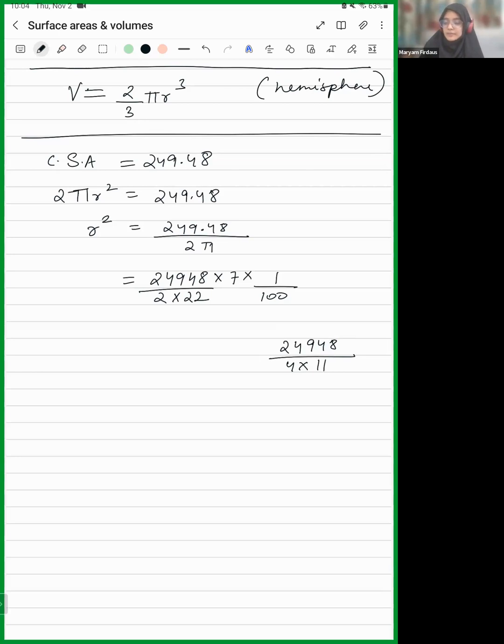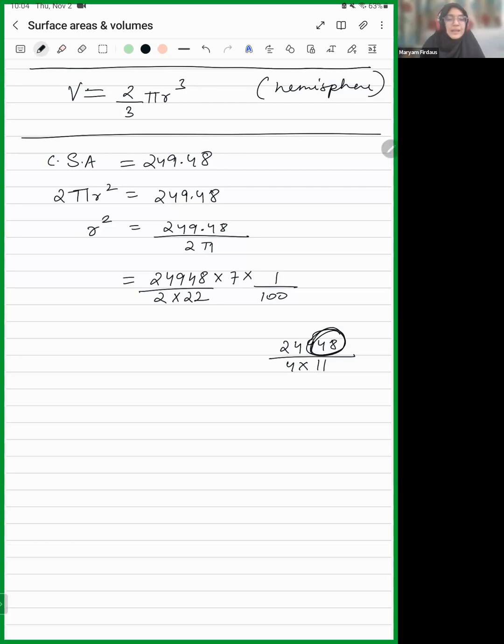What is the divisibility test for 4? Ma'am, last two digits should be divisible by 4. Yes, right? The last two digits should be divisible by 4.